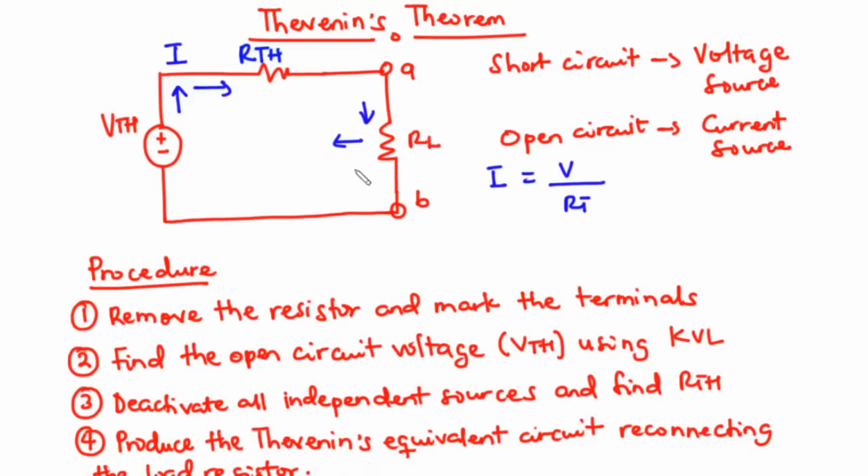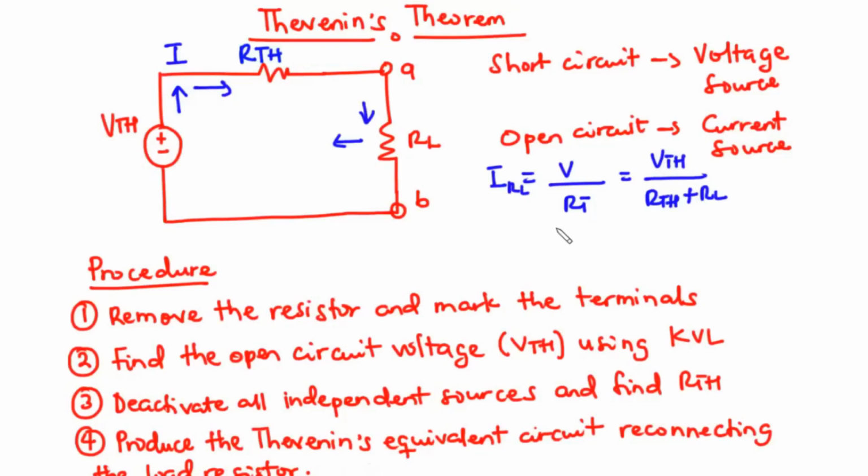Now, since these two resistors are connected in series, RT is equal to the sum of these two. Since we have V in to be VTH, we say I is equal to VTH divided by RTH plus RL. So basically this is how we find the current flowing through the load resistor.